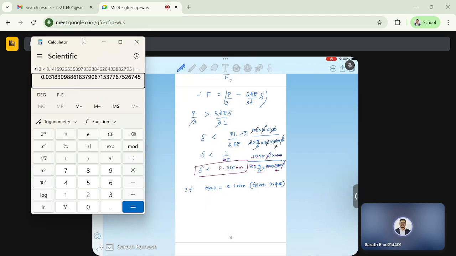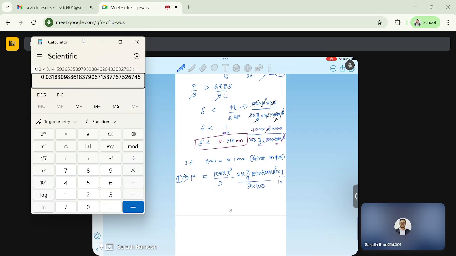So if this is equation number one, it implies F is equal to 100 into 10 power 3 divided by 3 minus 2 into pi by 4 into d square is 100 into 200 into 10 power 3 divided by 3 into L is 100 into, again this is 1 by 10.